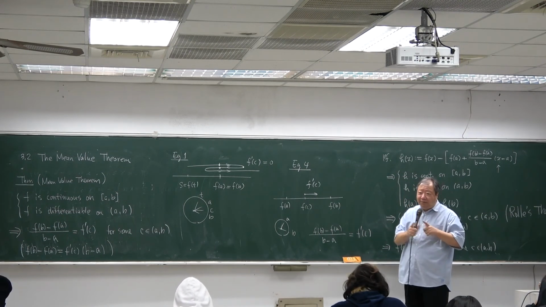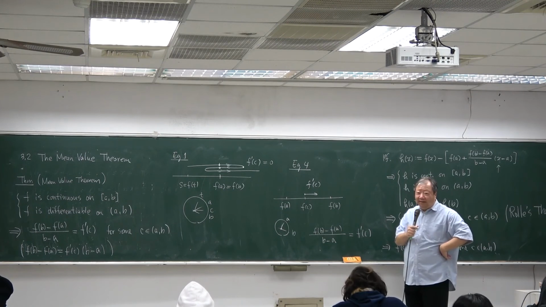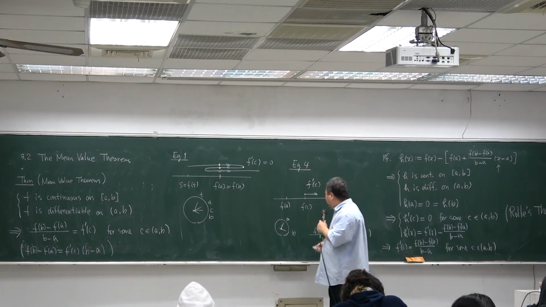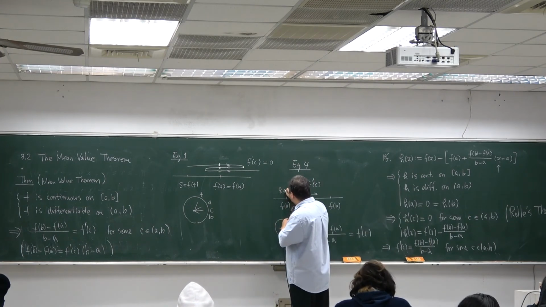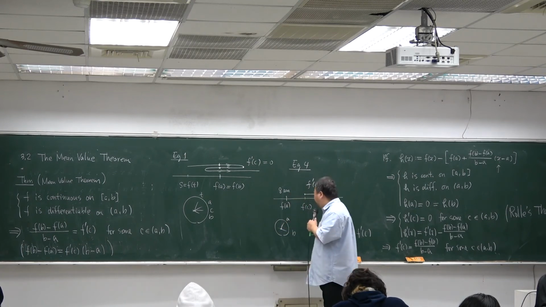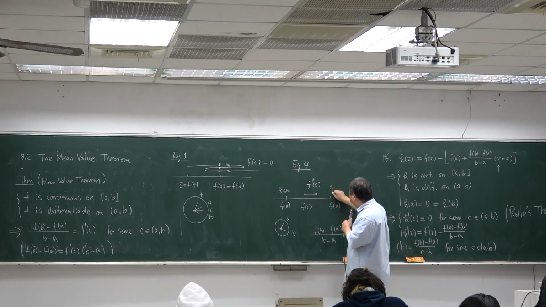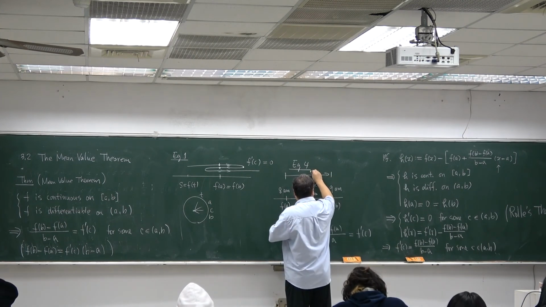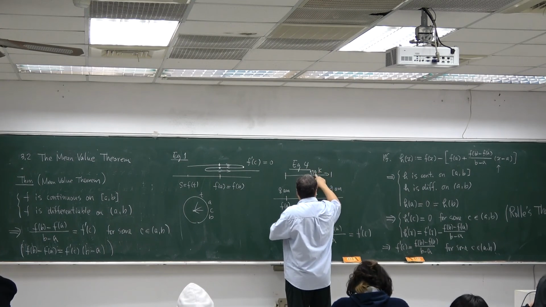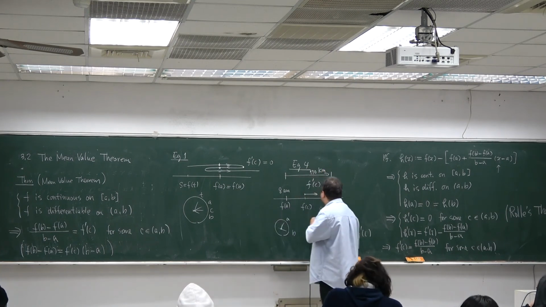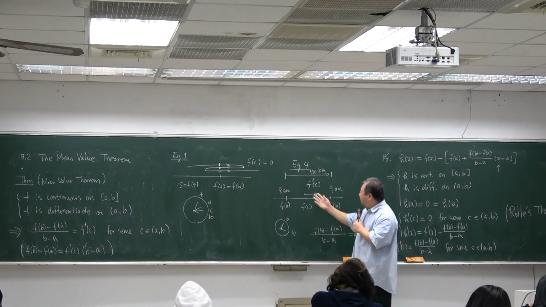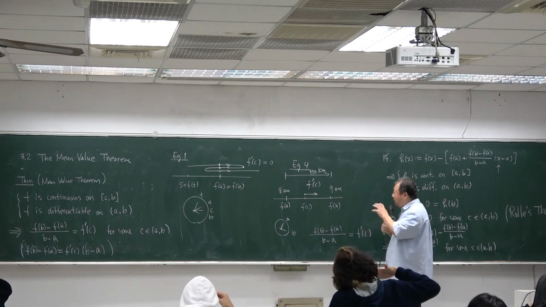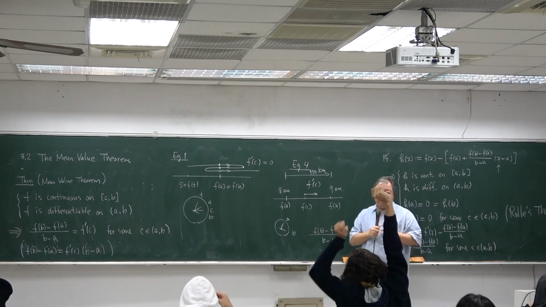For example, at 8 a.m. you were here, and at 9 a.m. you were here, and the distance between these two places is 110 kilometers. Of course, there are many cameras to catch whether you overspeed or not.